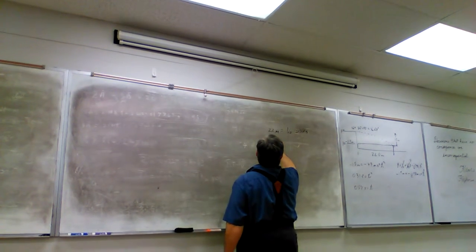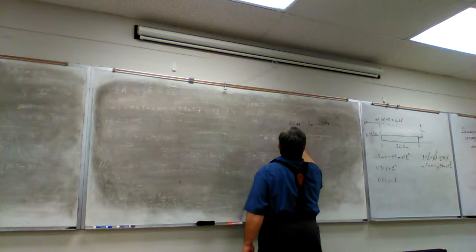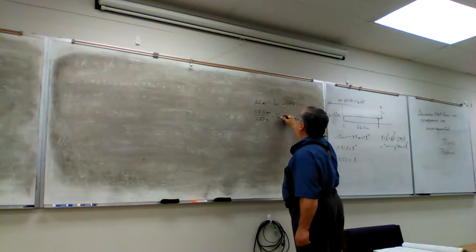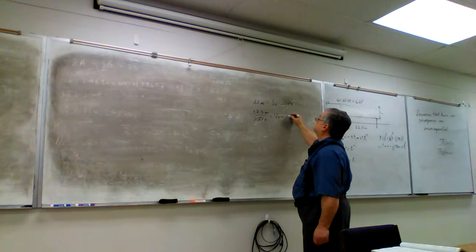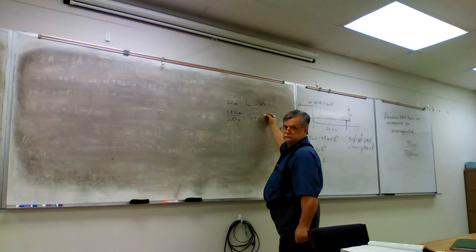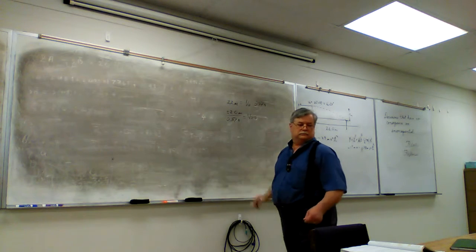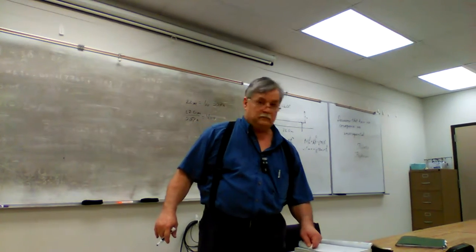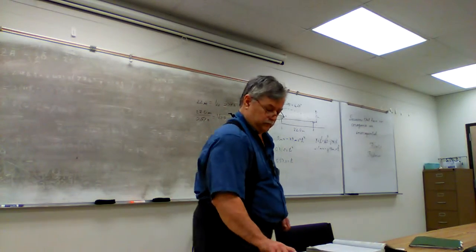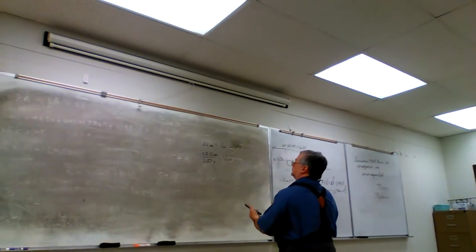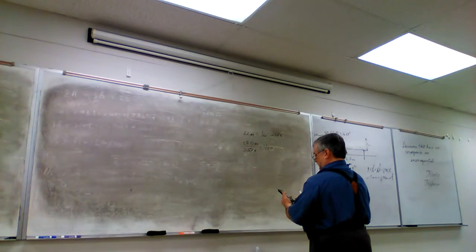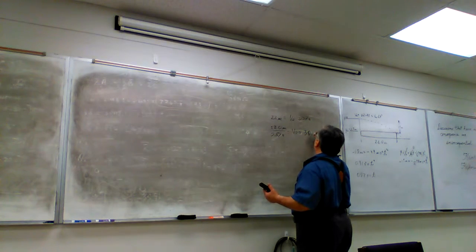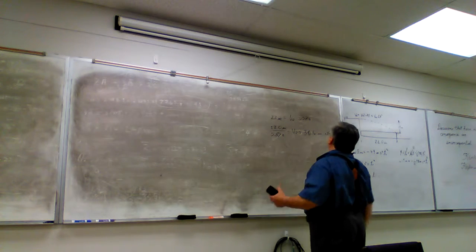If we divide 22.0 meters by 0.57 seconds, what does that give us for v sub naught? 38.6 meters per second.